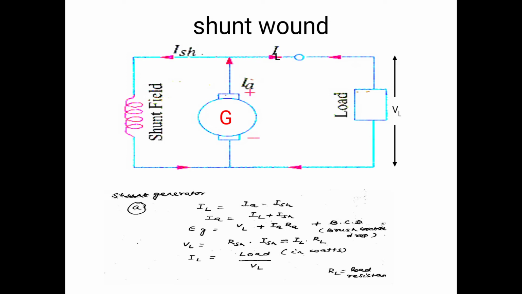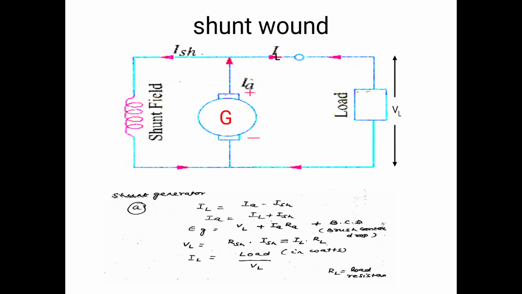Next, the voltage equation. Here the armature winding and load are connected in parallel, so the armature winding voltage equals the load voltage. We know that the armature winding has three voltages: the generated voltage, the armature resistance voltage drop, and the brush contact voltage drop.